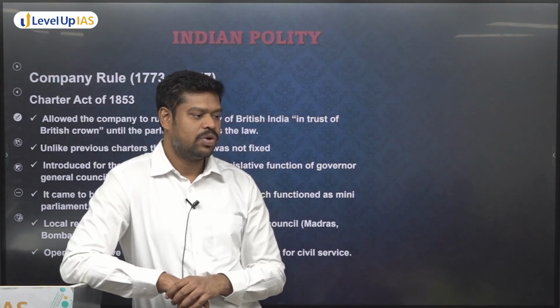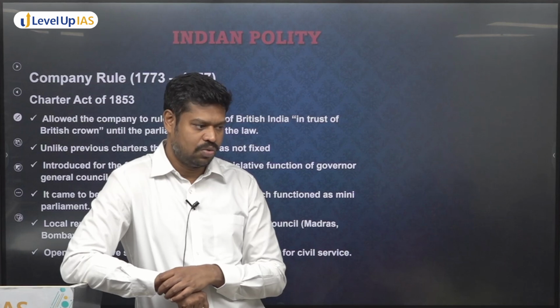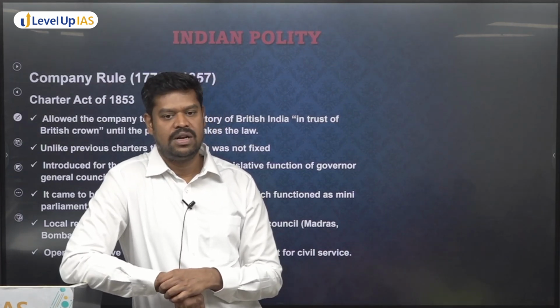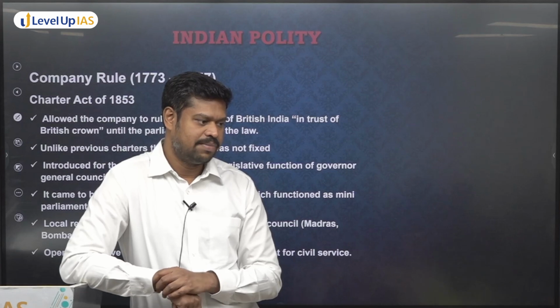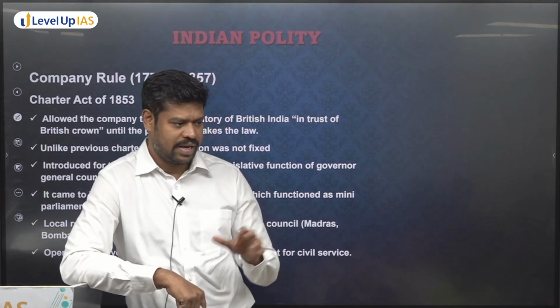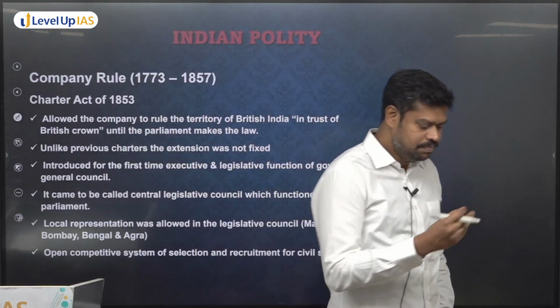That was a result of the Charter Act of 1833. How did it happen? Because the Charter Act of 1833 completely made the East India Company an administrative authority. It was no longer carrying out any commercial activities, that means no trading activities.